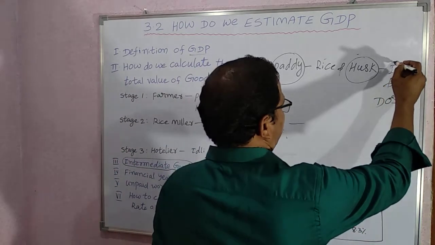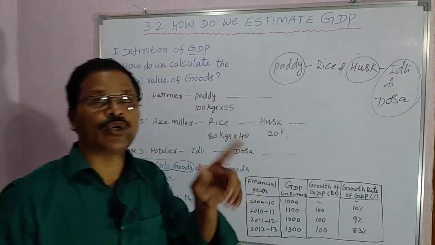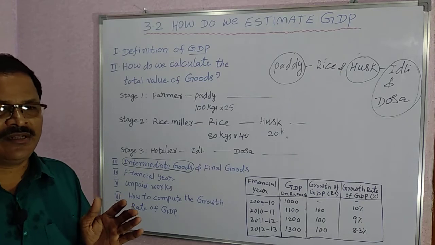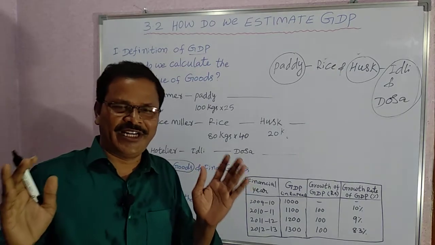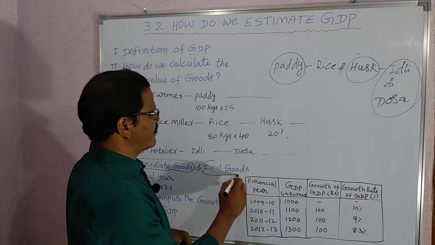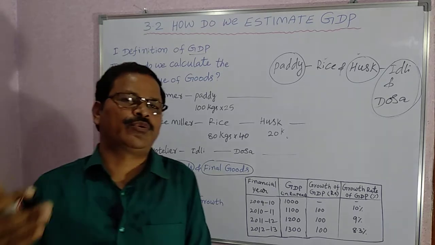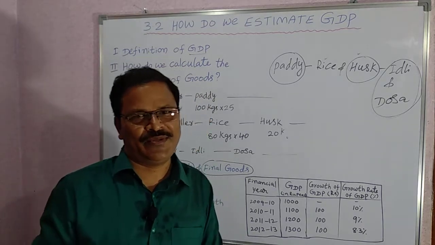Idli and dosa are called final goods. The goods which are ready to use are called final goods.